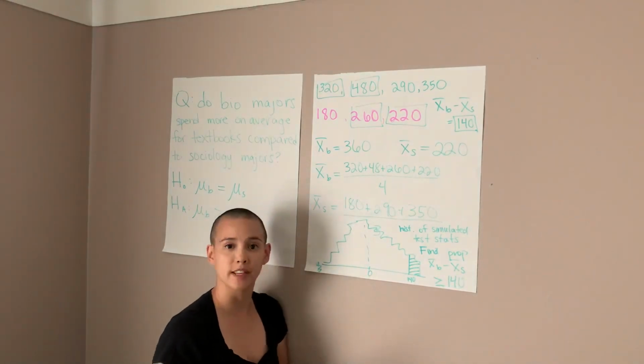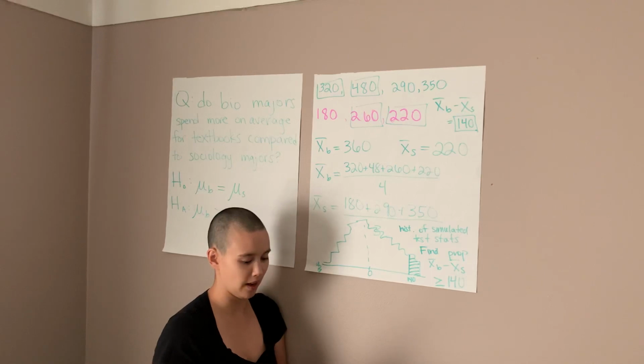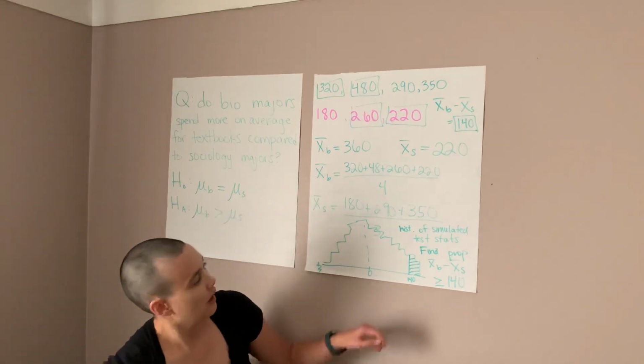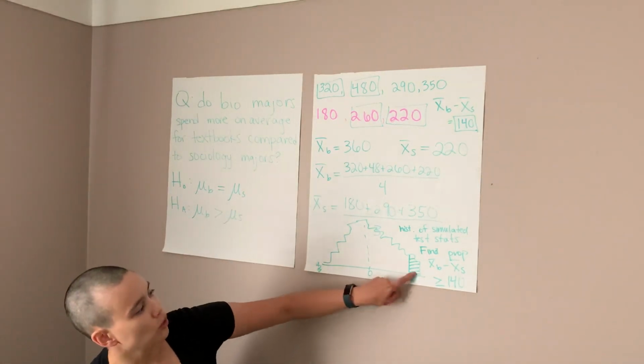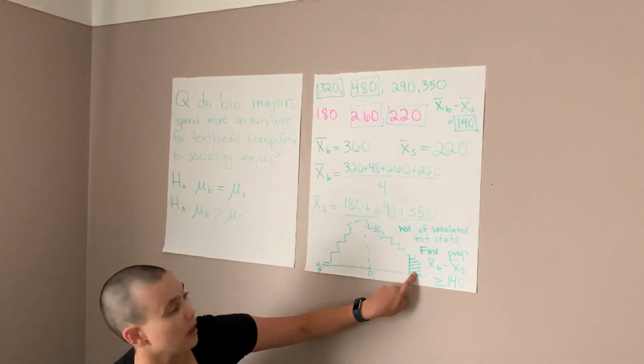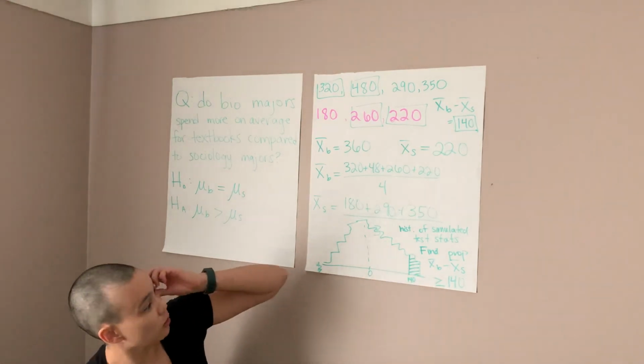And that proportion of test statistics will be our p-value. Pausing for a moment, why did we choose to shade in the right tail and look for the proportion greater than or equal to 140?